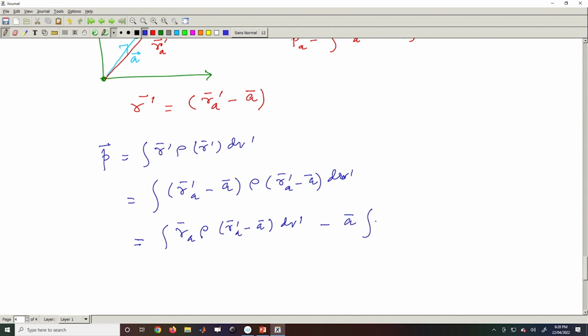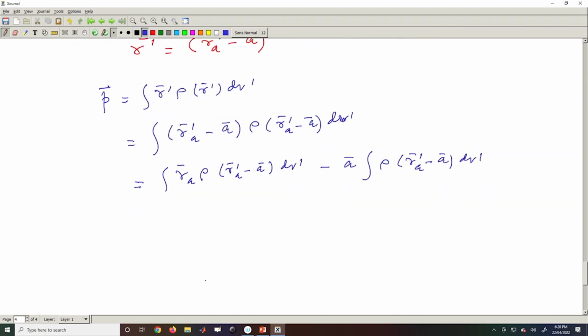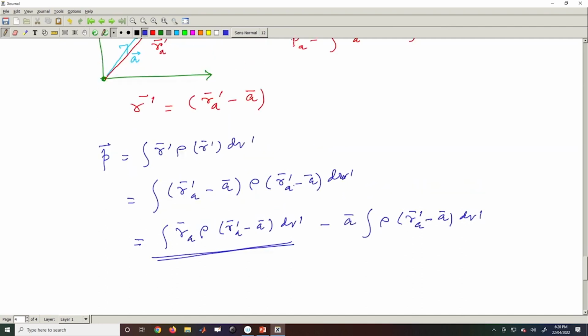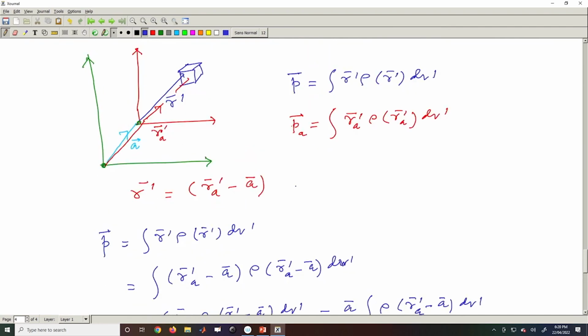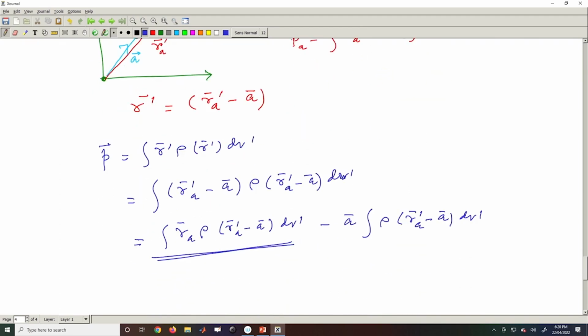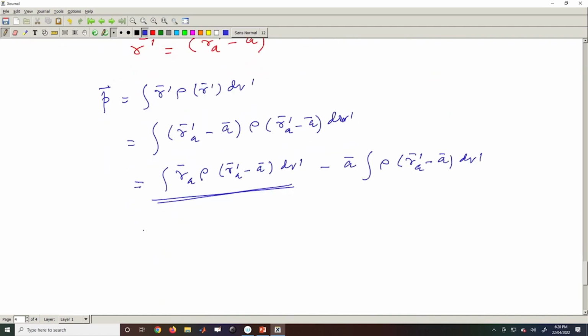integration of rho r prime A minus A dv prime. Okay. So, let me write it here.